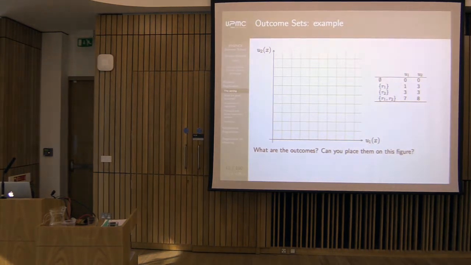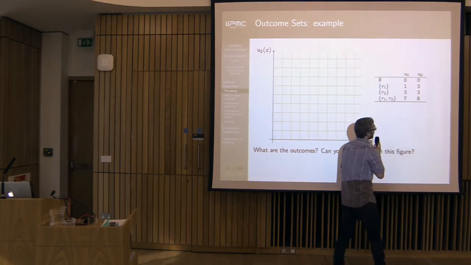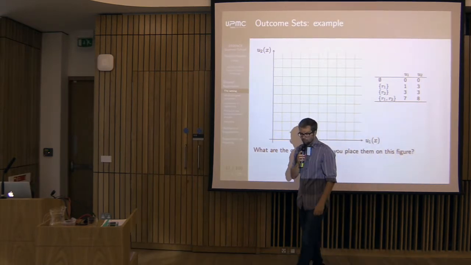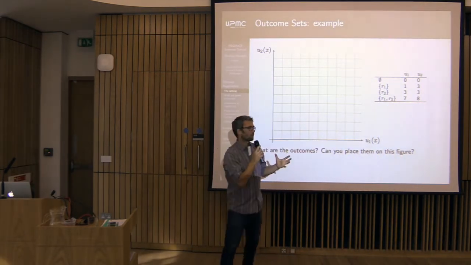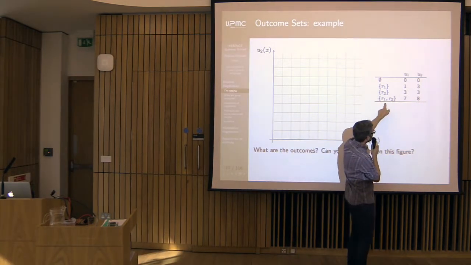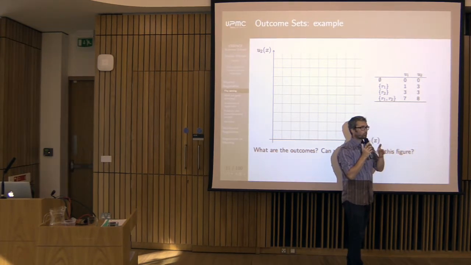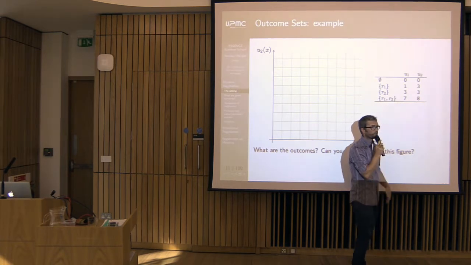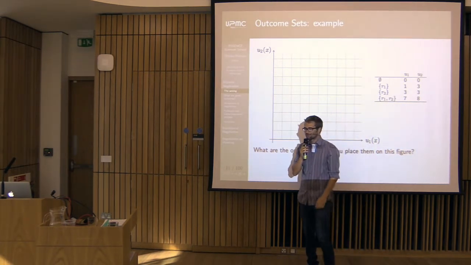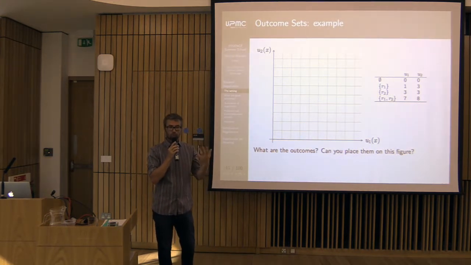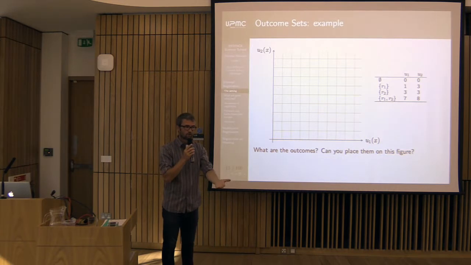So the first thing to notice is that the preferences of agents are not additive, in the sense that getting R1 and R2 together brings more value than just getting R1 plus R2, okay? 7 is more than 1 plus 3. And the same for agent 2, it's also superadditive, so it brings more value to have the combination of these two items.